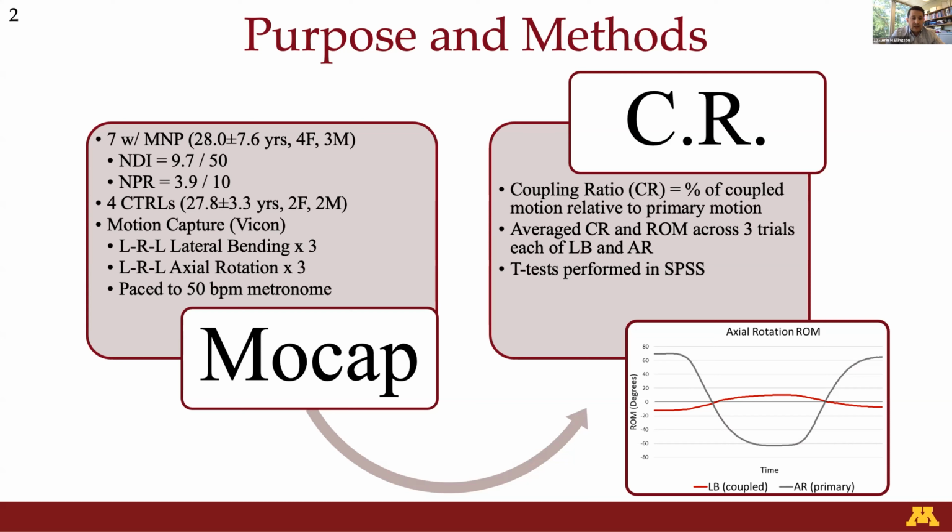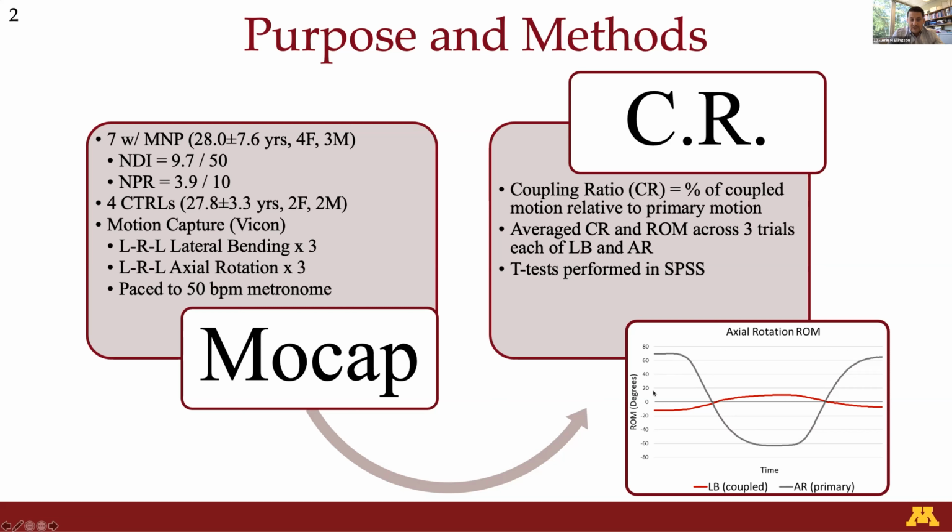Each did 3 trials of lateral bending, going from a left position to a right and back to a left position, and similarly for axial rotation, performed under the beat of a metronome. We then quantified the total in-plane range of motion as well as a coupling ratio, which we defined as the percentage of coupled motion relative to the amount of primary motion.